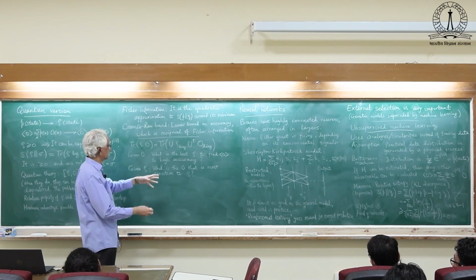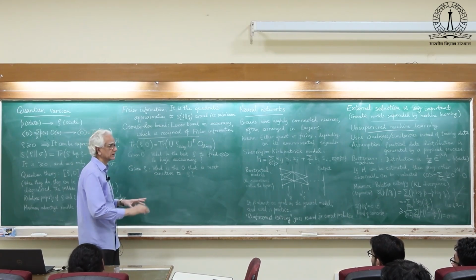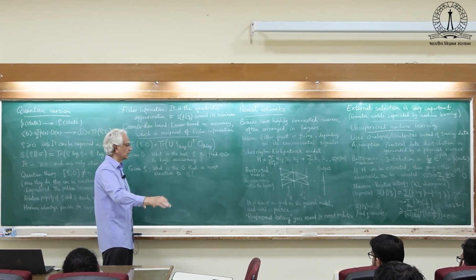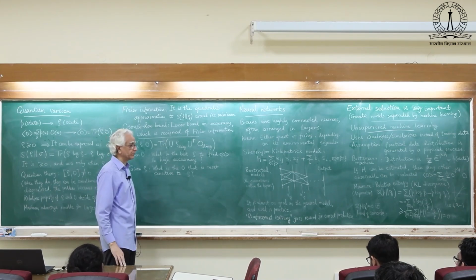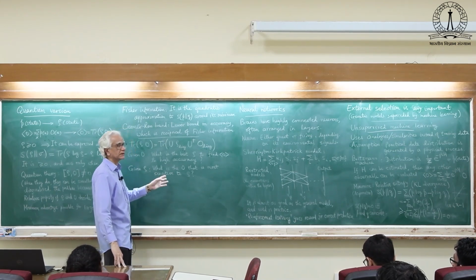So the initial state of the density matrix is given, and I want to look at the operator which is most sensitive given this particular state.